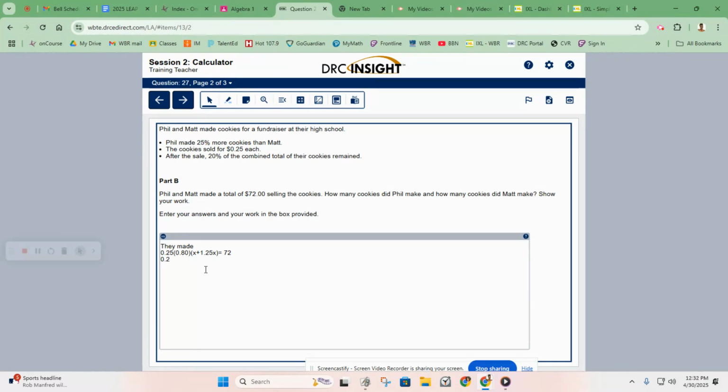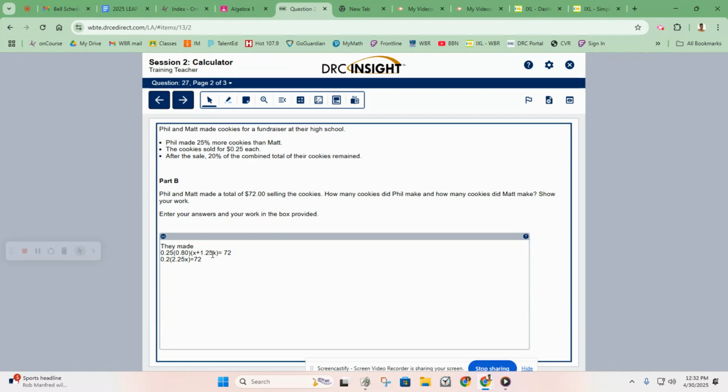0.2 times, and inside of these parentheses, I'm gonna go ahead and add it. Remember, if there's no coefficient of the x, it's an understood one, so it'll be times 2.25, because I add 1x plus 1.25x, and that is gonna equal my $72.